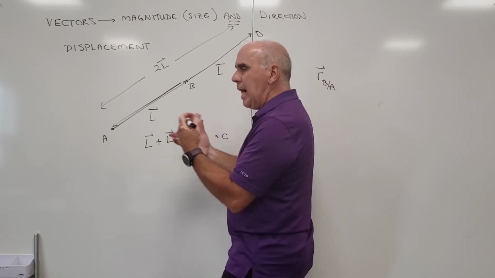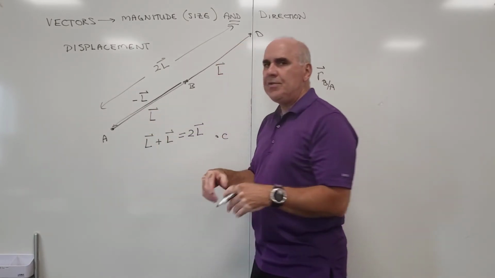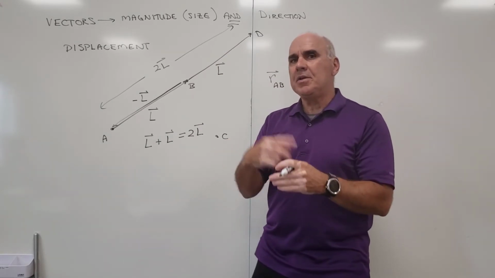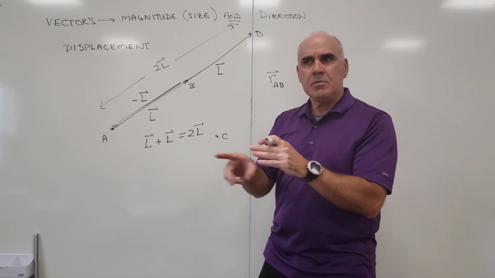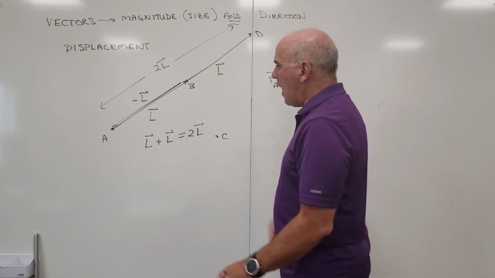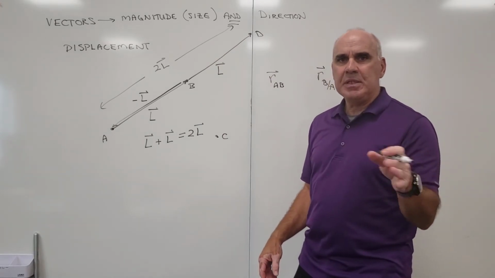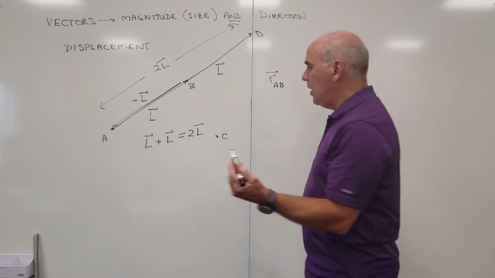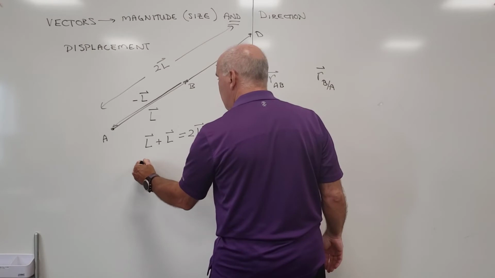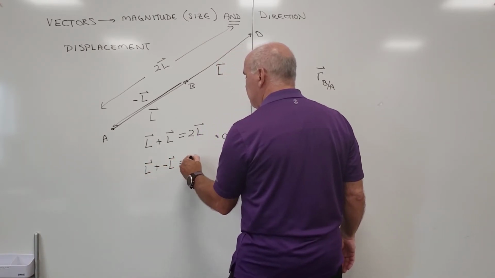So since it's in the opposite direction, I designate that as minus L. Same magnitude, but 180 degrees opposite. Okay, so exactly the opposite direction. So I'm back to where I started from. So my net displacement in that scenario is 0. And so L plus negative L gets me back to 0.